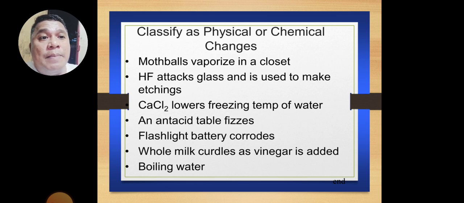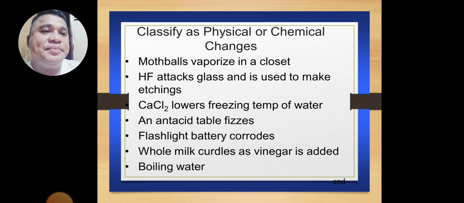That's why it corrodes, then its light dims. There are chemical changes happening. Whole milk curdles when vinegar is added to it. So that's a chemical change again. Boiling water is a physical change.